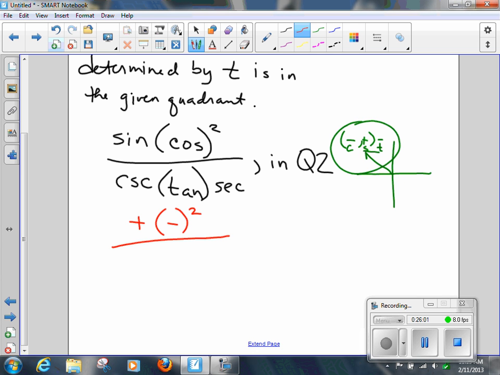It's all based on all-star trig class, based on the second quadrant, because that's what we're given, right? I know in quadrant 2 that my ordered pair is negative positive, correct? I also know from all-star trig class the only two that are going to be positive will be sine and its inverse, okay? All I'm looking at are the signs of these functions.